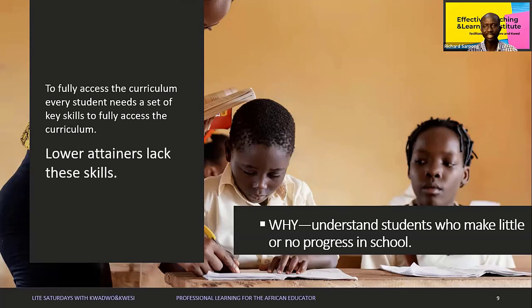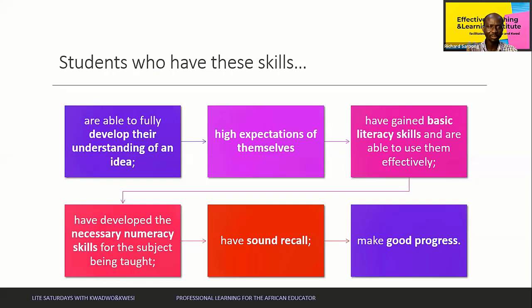And that clearly indicates that a number of low attaining students lack the requisite skills to be able to access the curriculum. So what students who make progress have is the skill of being able to fully develop an understanding of an idea.